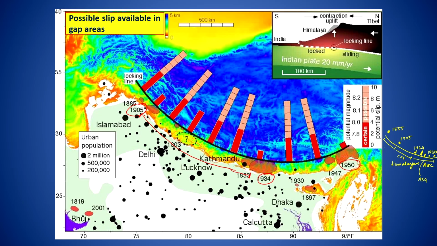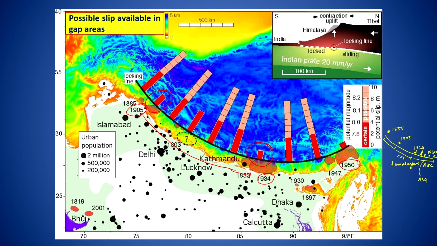Now what has been shown here is that in 1934 the strain was released, by a major earthquake. In 1905 the strain was released, but the regions adjoining or in between these major earthquakes have potential to slip.